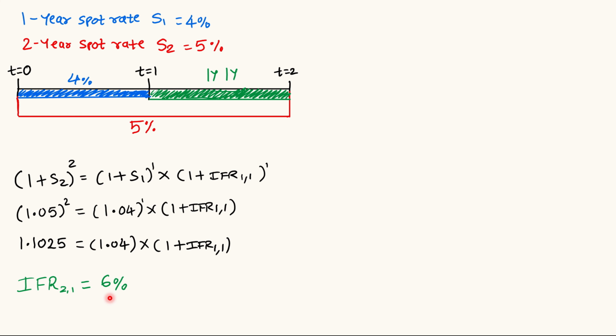So if an investor wants to invest today for 2 years, they have two options. They can buy a 2-year bond at 5%, earning an average rate of 5%, or they can invest in a 1-year bond at 4% today, and then reinvest in a 1-year bond next year at the implied 6% to match the same 2-year returns of the spot rate.